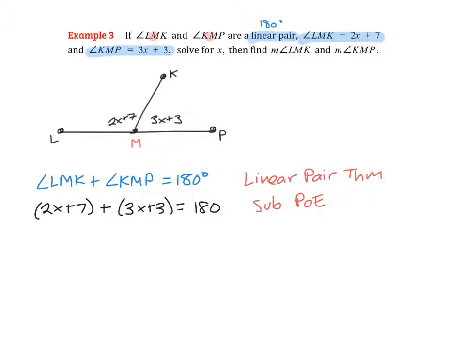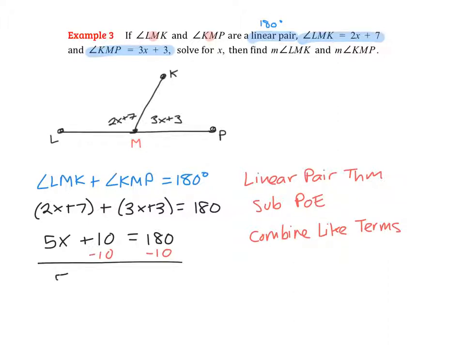Now I can combine like terms. 2x plus 3x is 5x. 7 plus 3 is 10. And I have 180. That's just combining like terms. Okay, here, let's subtract 10 on each side. 5x equals 170.